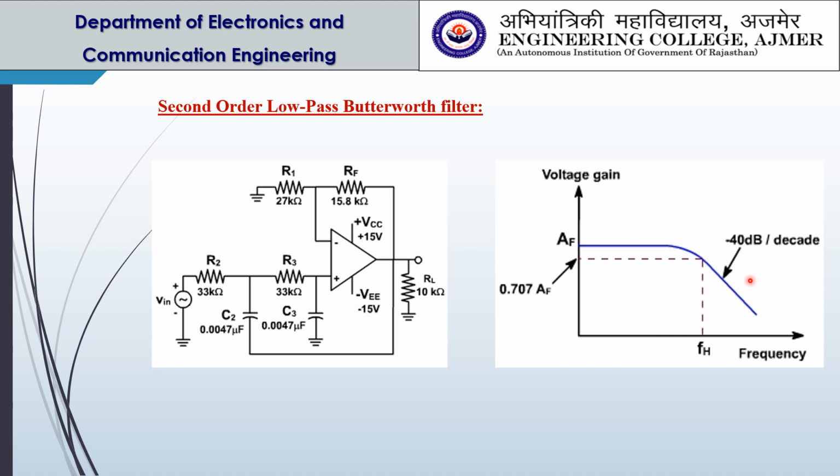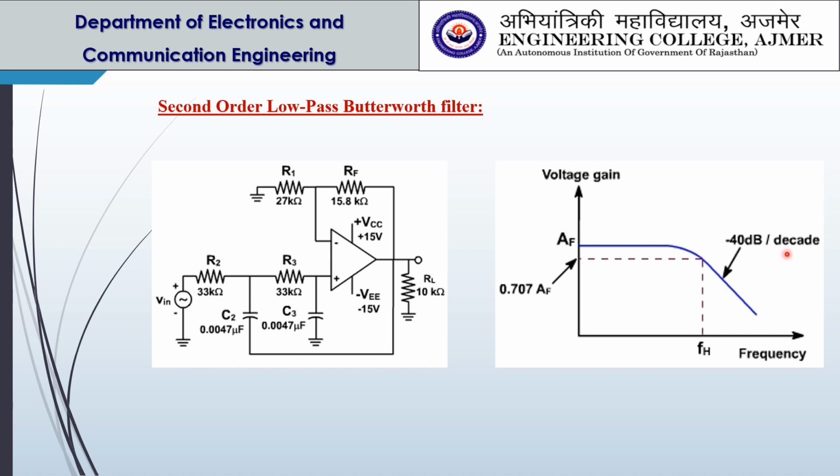Here you can see that for a second order filter, the gain in the stop band is decreased by minus 40 dB per decade, whereas for the previous filter, the first order filter, this gain was decreasing at a rate of minus 20 dB per decade.